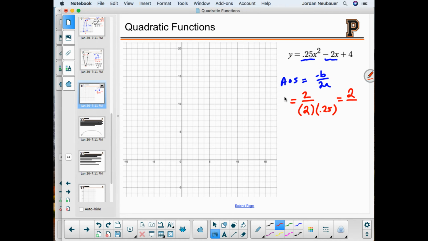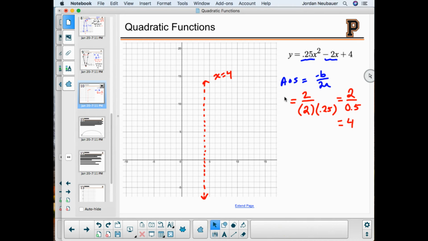That's 2 over 0.5, which simplifies to the number 4. So we know that the graph will be symmetrical with x equals 4, which is a vertical line right here. That's our x equals 4.